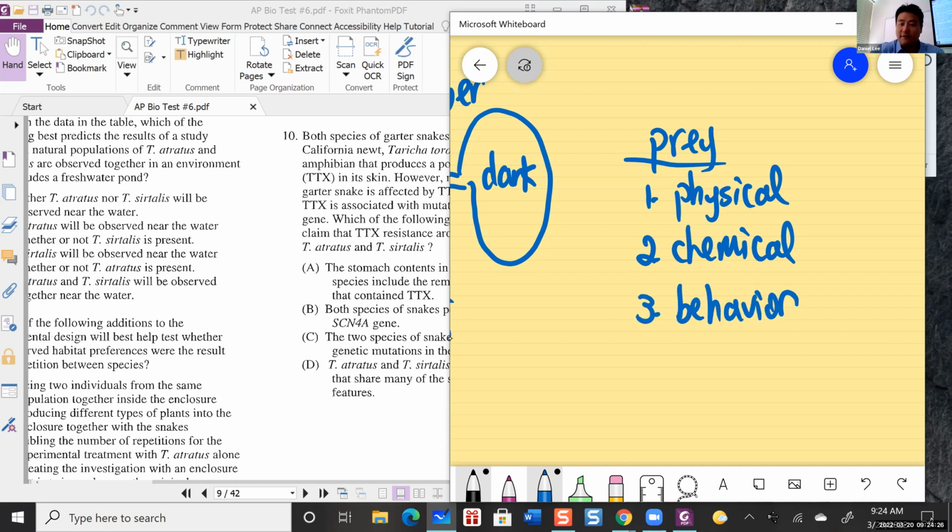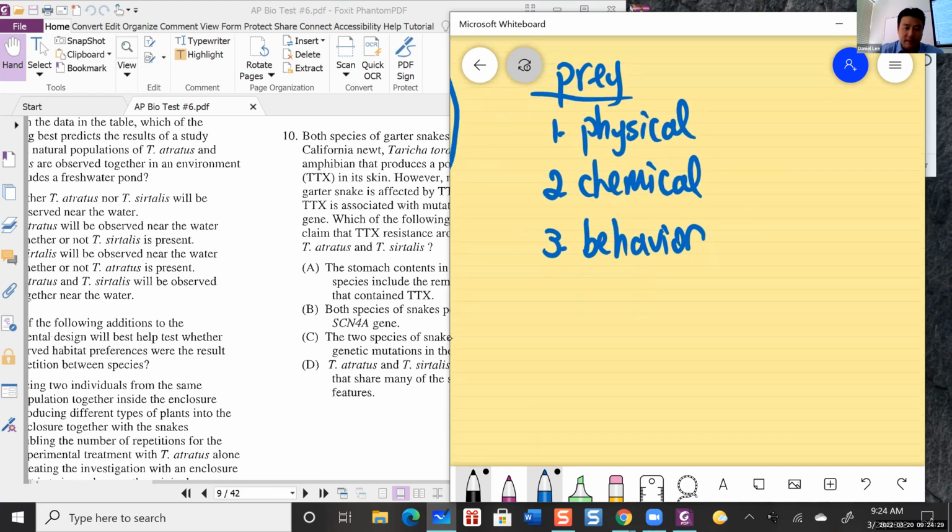So the behavioral defense, maybe this is loosely speaking behavior, but you also have camouflage, right? You can also do mimicry. Camouflage, blend into the environment. With mimicry, you can resemble another organism that is scary, right?